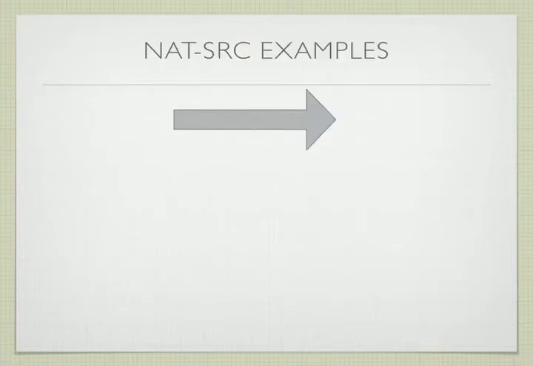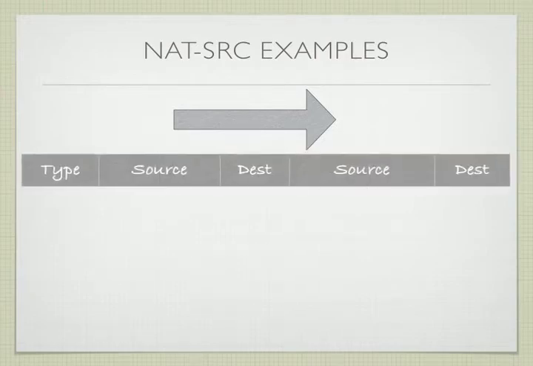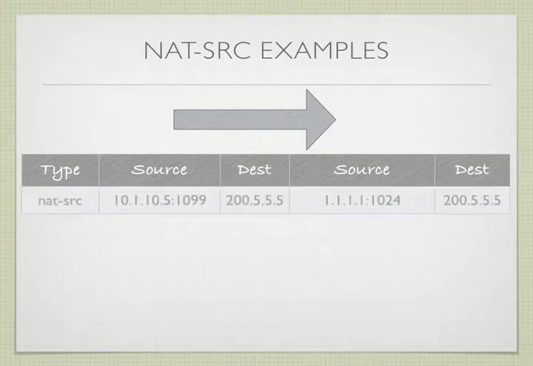Okay, so let's take a closer look then at how these scenarios play out. We're looking at the type of address translation, the source and destination address, original, and then what happens during the translation process. So here we have policy-based NAT source translation.